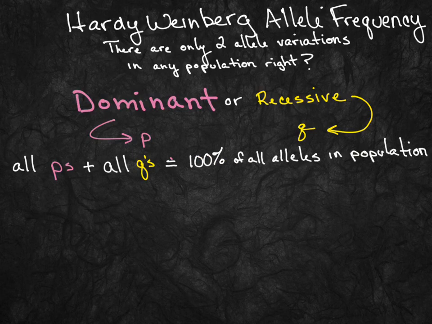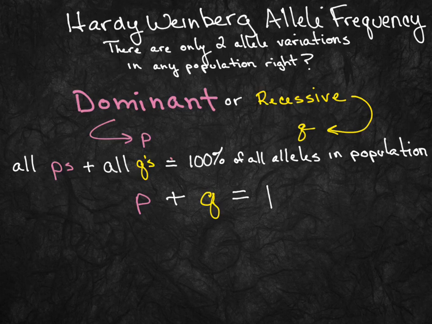All the P's, all the dominant alleles, and all of the recessive alleles, those Q's, make up all of the alleles in the population. So they make up 100% of the alleles. So Hardy Weinberg put that into a little formula. Their formula was P plus Q. Those P alleles plus the Q alleles all have to equal 100%.